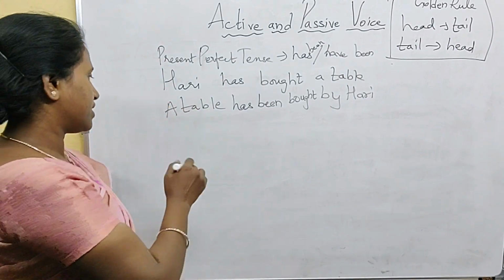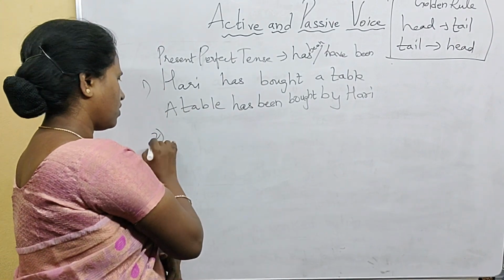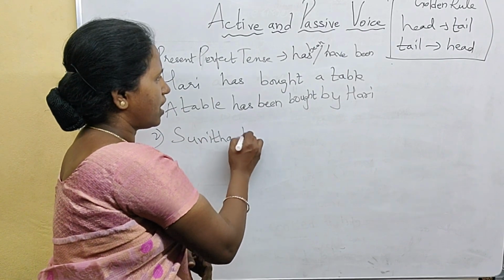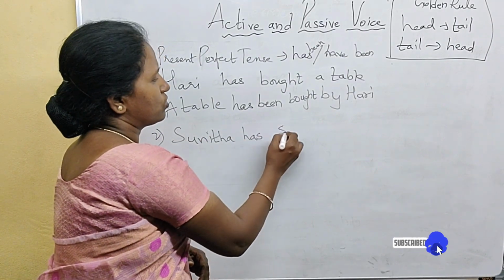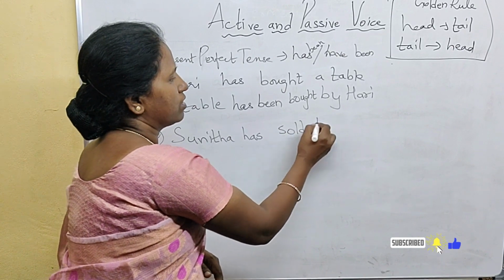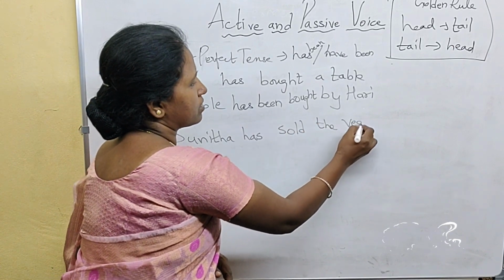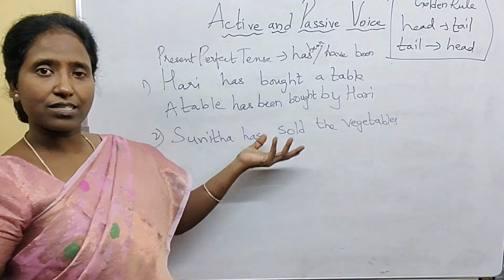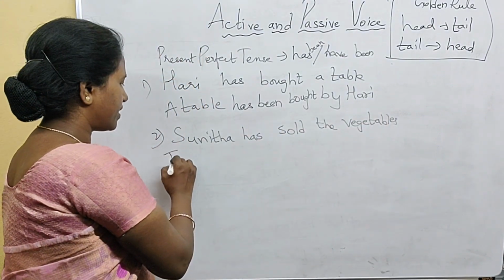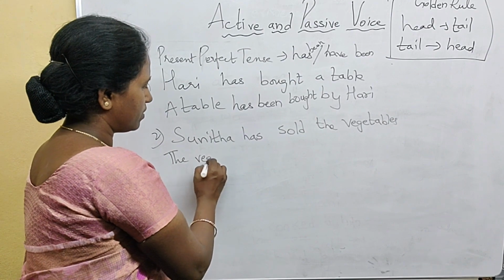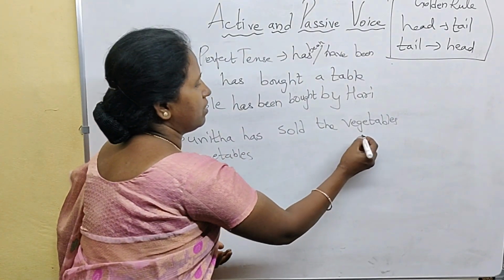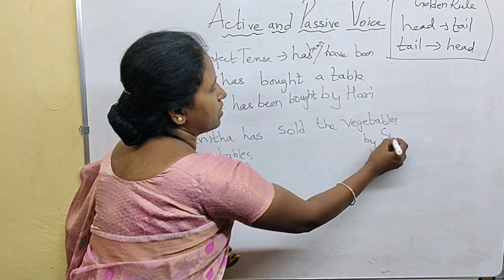Okay. If I say, Sunita has sold the vegetables. First task, as usual, the tail becomes the head. The vegetables by Sunita.